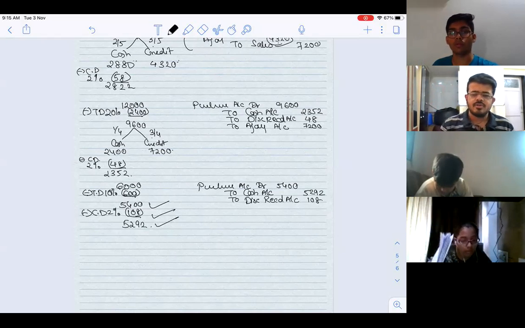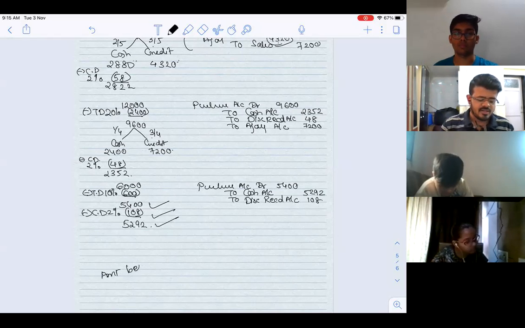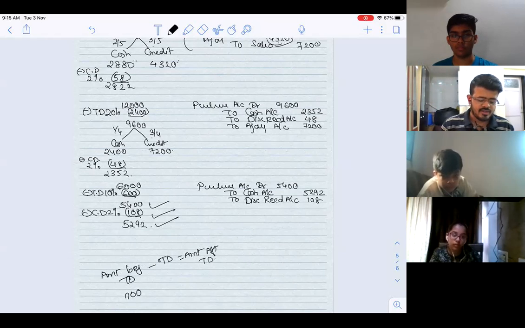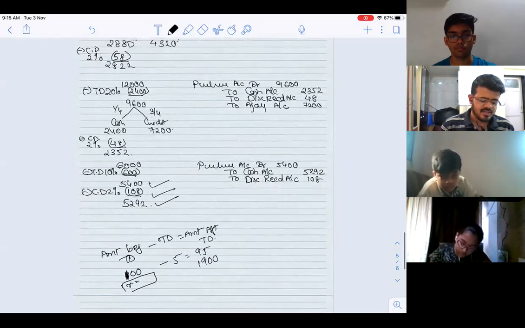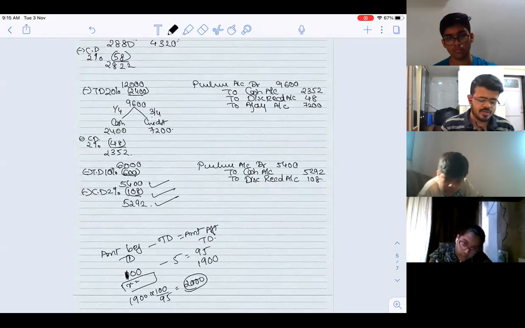Okay. वैसे कर सकते हो या equation बना सकते हो, amount before TD minus TD, जैसे CD का करते थे ना, is equal to amount after TD. So 100 minus 5, 95. This is 1900. So this is X. 1900 into 100 upon 95. Automatically you will get 2000.